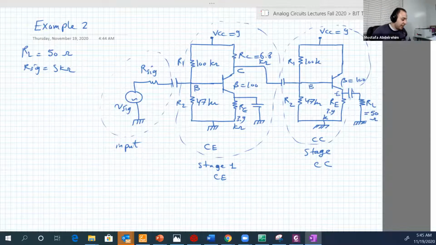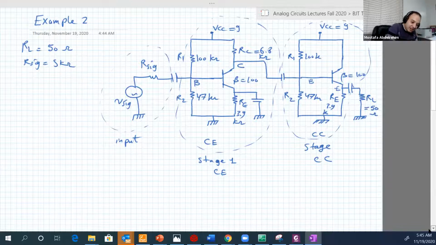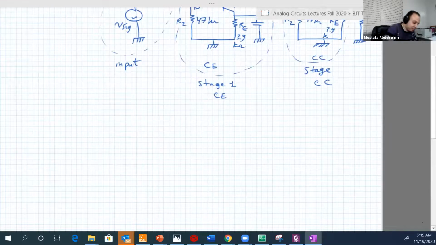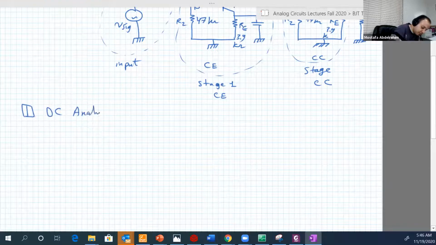So let's analyze the circuit again and see what kind of advantage we got. So number 1 again is a DC analysis. So in DC, we just cancel all the capacitors.